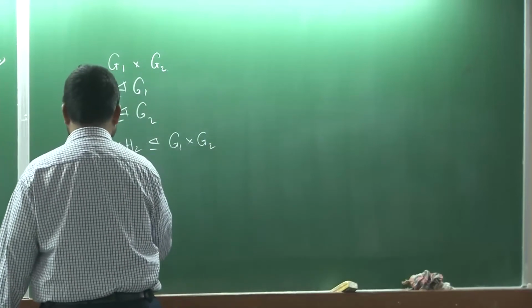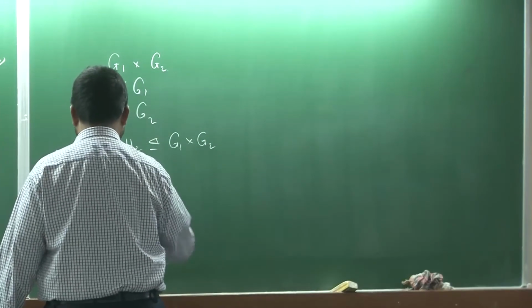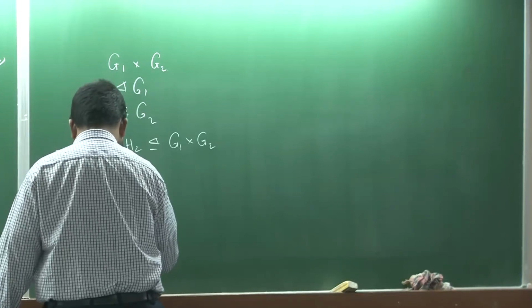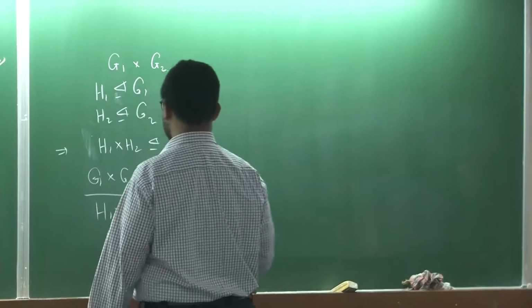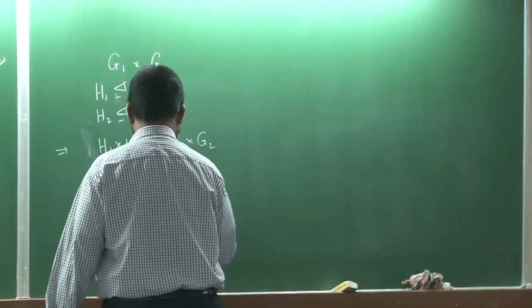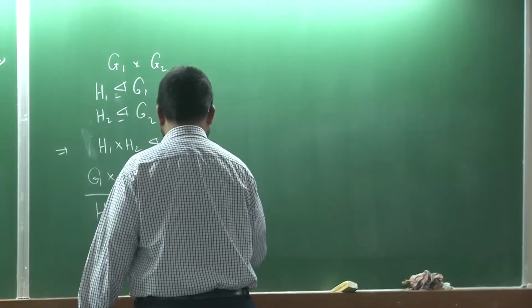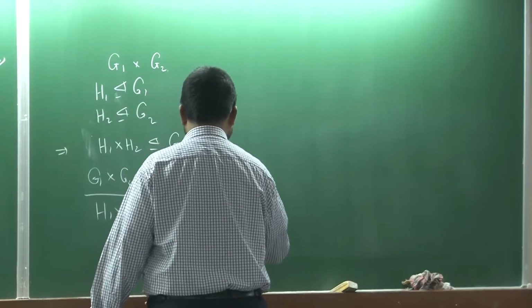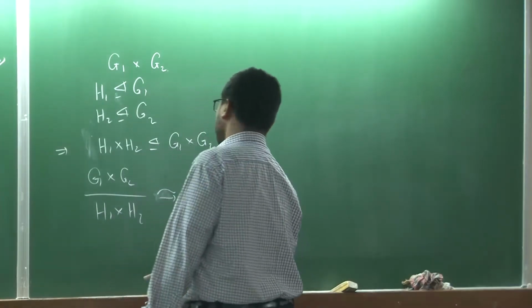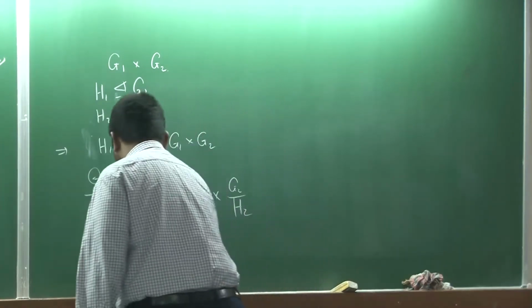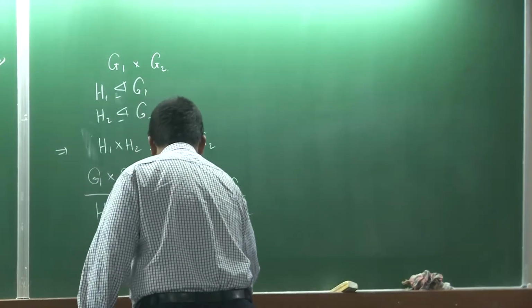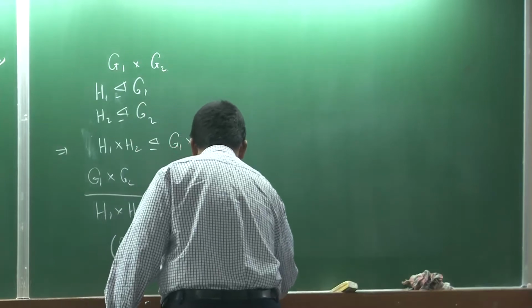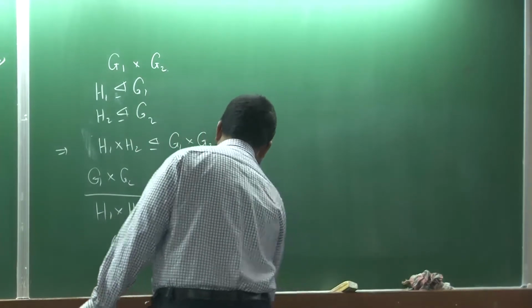Furthermore, it's easy to see that the quotient is isomorphic to G1/H1 cross G2/H2. How to see this? Basically consider this map from G1 comma G2 that goes to G1/H1 comma G2/H2.